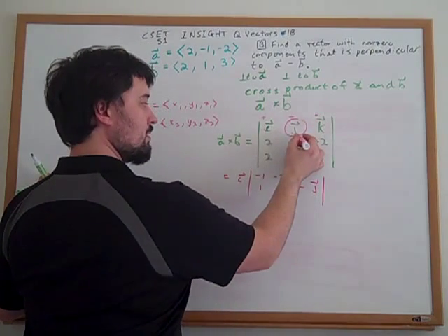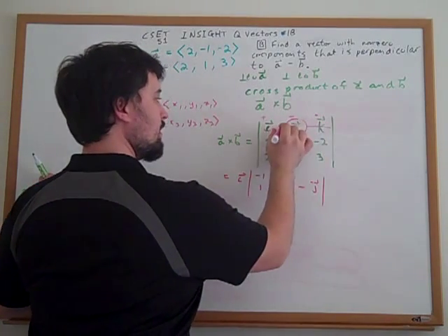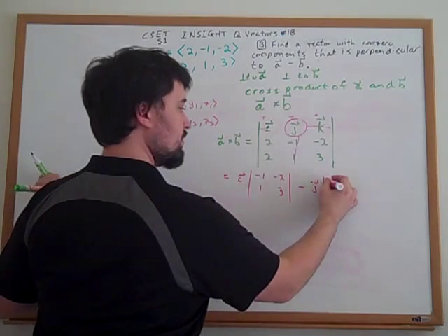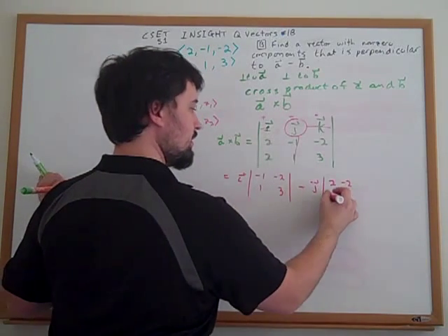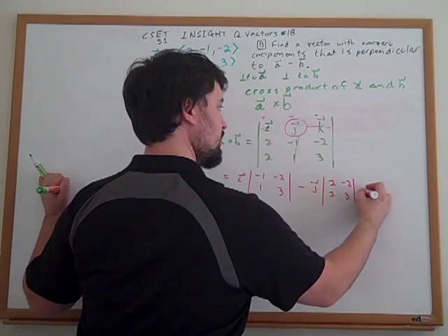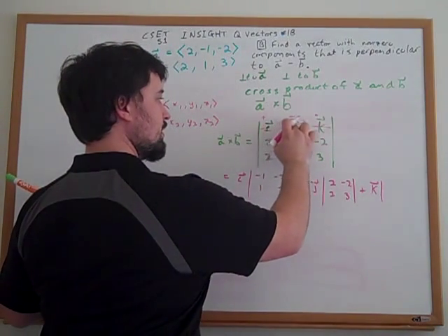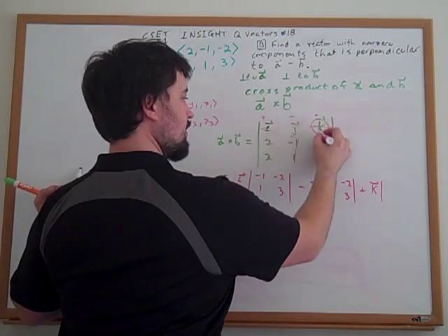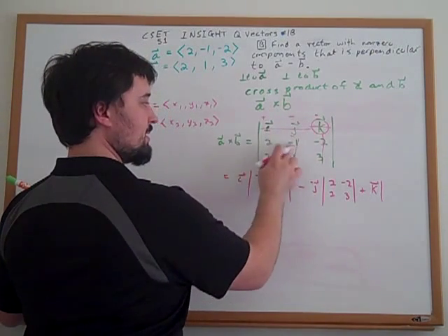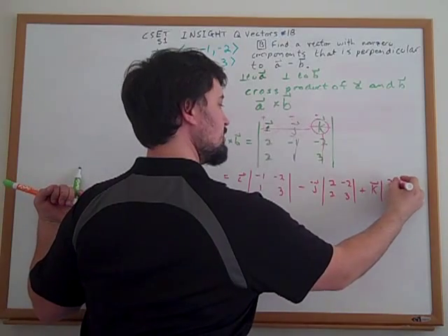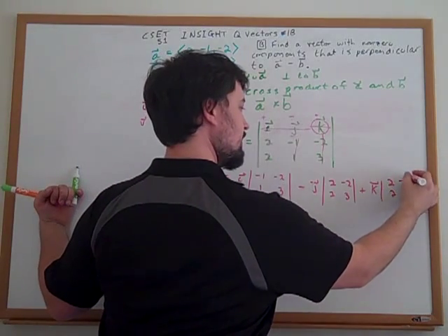We'll circle this one, cross this row, and what we have left is 2, -2, 2 and 3, plus k. And the matrix for that will simply be, cross this out and this, so what remains is 2, -1, 2 and 1.